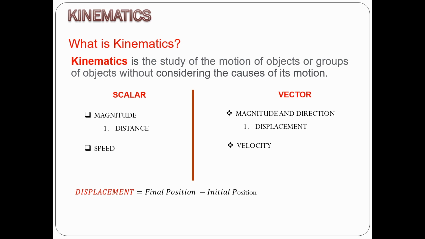Let's say a car travels at 30 meters per second east. It is described as velocity because it has speed and direction. Another example of vector quantity is acceleration. Acceleration describes how the velocity is changing.